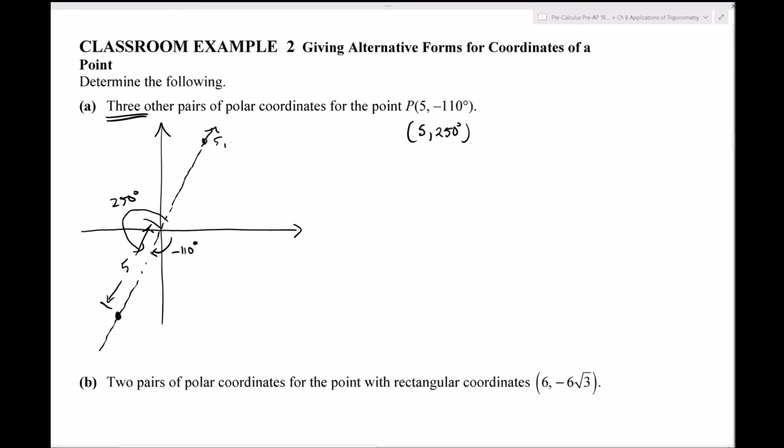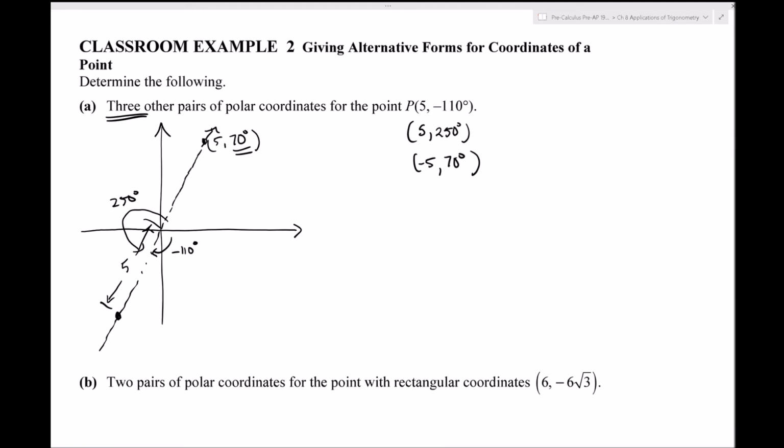It's 90, 110 is 20, so this would be 70 degrees, right? That's not the one we want. The one I want is 70 degrees, negative 5 as a radius. Negative 5 means it's going to get rotated 180 from there. Does that make sense? Negative 5, comma 70 would get you to the same place.